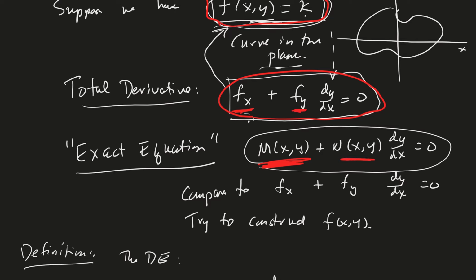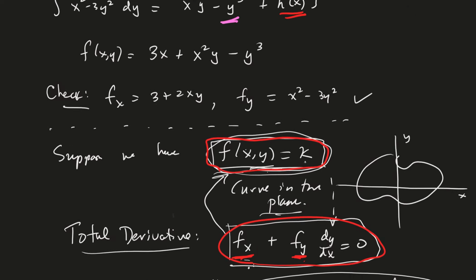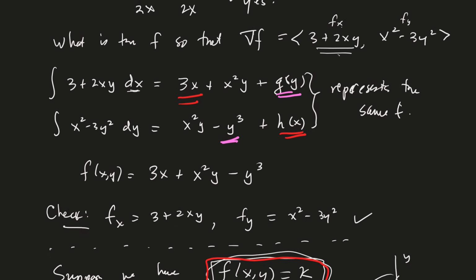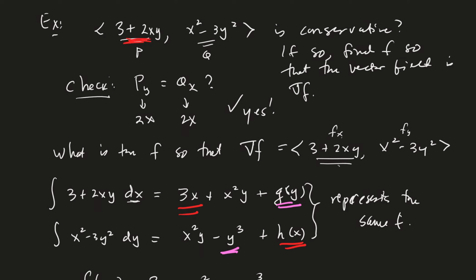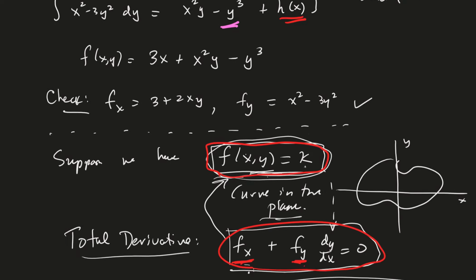In order to check that, we had to use Clairaut's theorem. It's the same check that we used for the gradient vector field, right? The first function we differentiated with respect to y, the second one with respect to x, and if that is true, then we were able to go backwards and construct the function whose gradient gives you P and Q back in the example. Okay, so let's scroll ahead now.